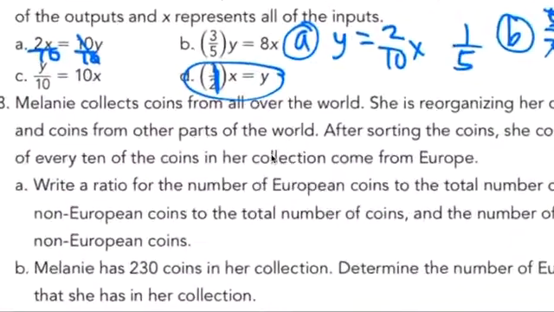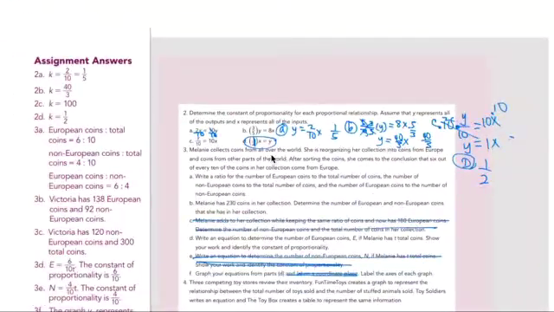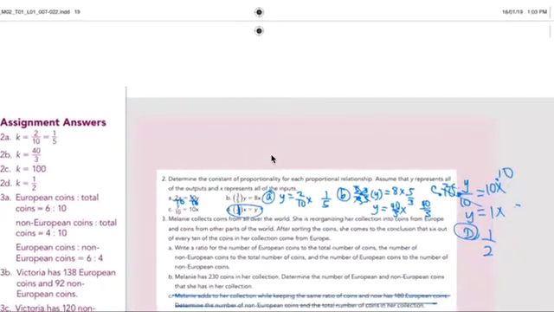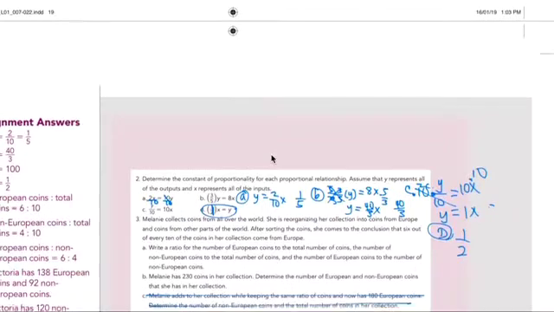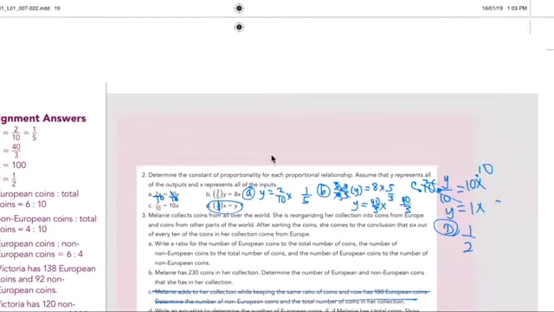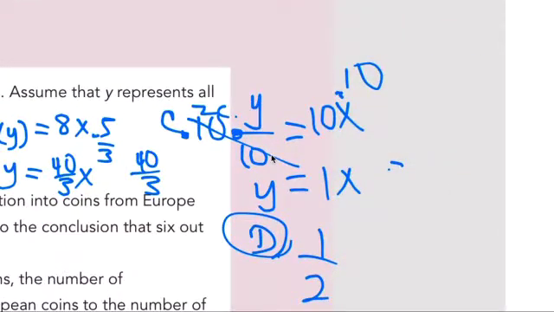The ratio is 1. Melanie collects, let's see, here's the answer. It's 100. Why would it be 100? Oh, 10 times 10 is 100. I was dividing. So the constant rate of proportionality is 100 here.